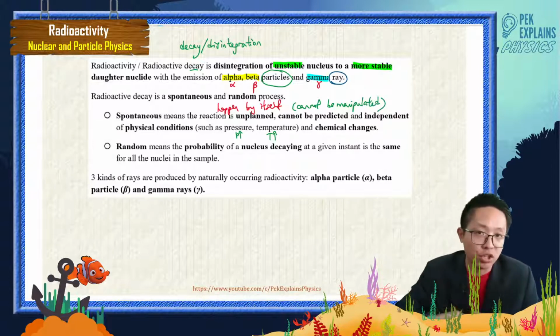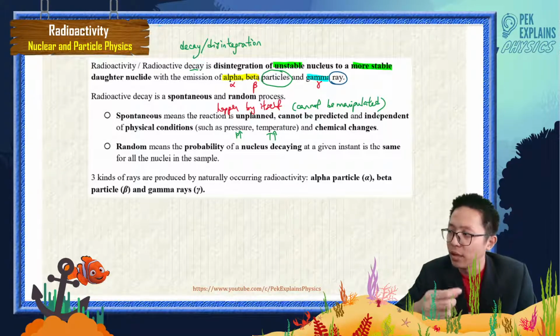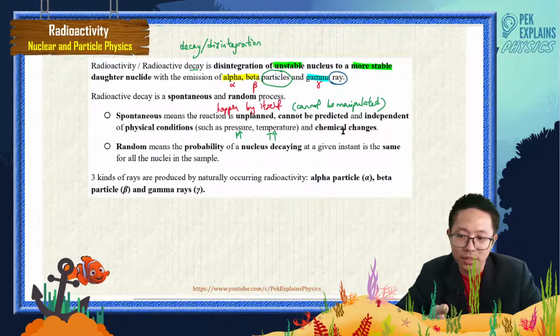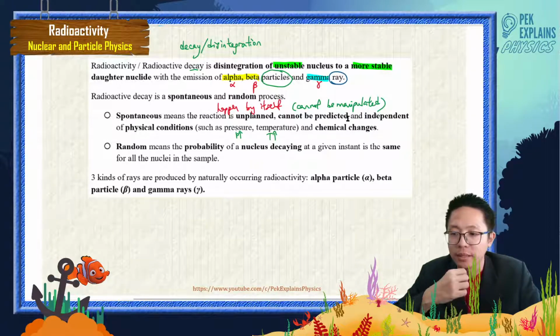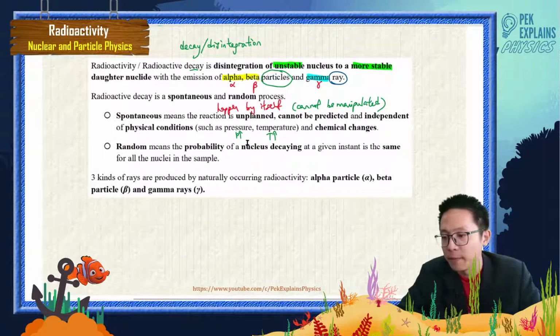Maybe you want to manipulate the rate using acid, high temperature, or high pressure, but it cannot be manipulated. Unplanned, cannot be manipulated, that's spontaneous. You cannot know when it happens.